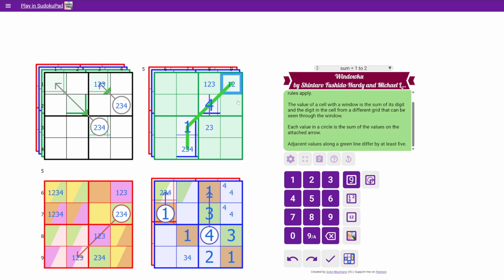This could still be either 1 or 2. This has to be at least 7 as well, so it cannot be the 2. The 2 goes over here. The 2 goes over there. Four over here. 4 up here.